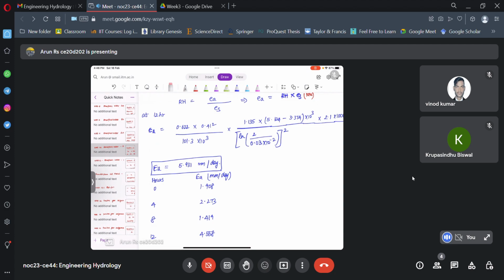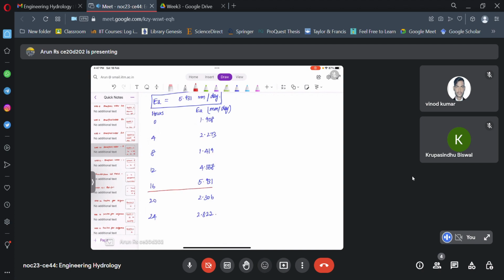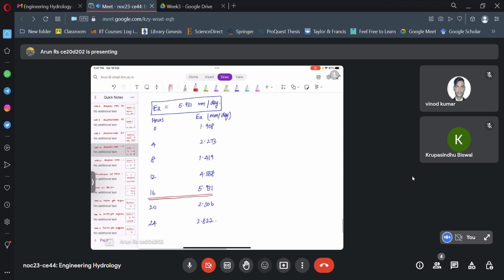So this is T is equal to 16 hour, it is maximum. I'm just making a change here. 5.931, 20th hour 2.306, and this is 2.822. So I made the sample calculation for the 16th hour, it's not for the 12th hour.